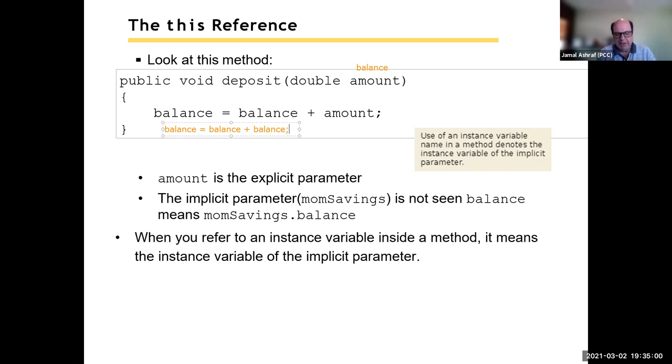So which balance belongs to where? Remember we talked about shadowing. Right now, it doesn't use the instance variable called balance. It's just going to use a local balance that's coming in as a parameter.